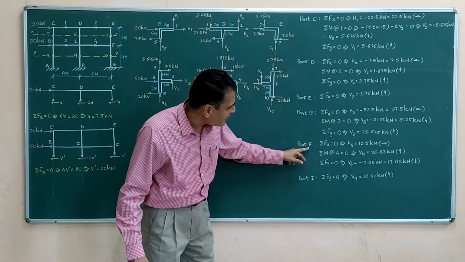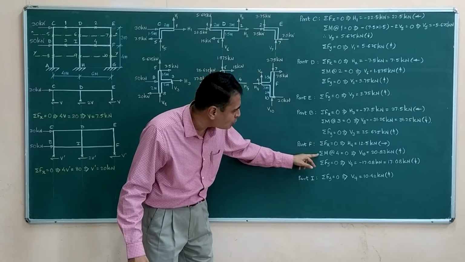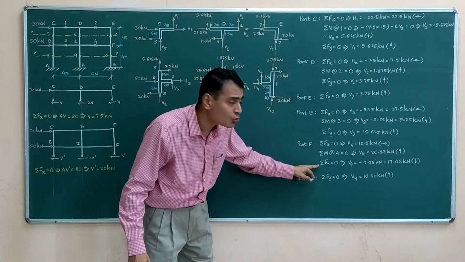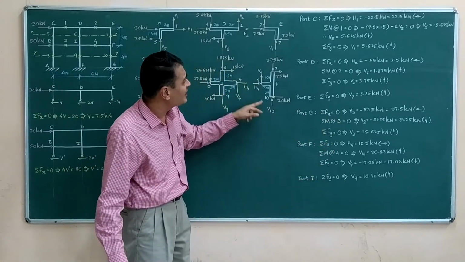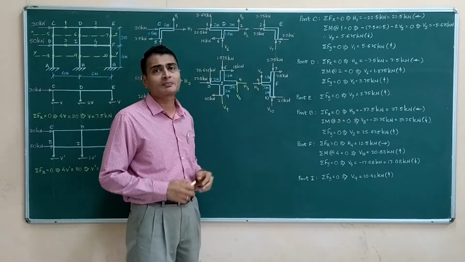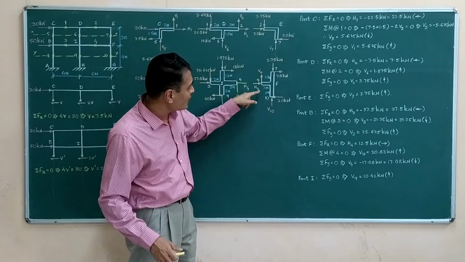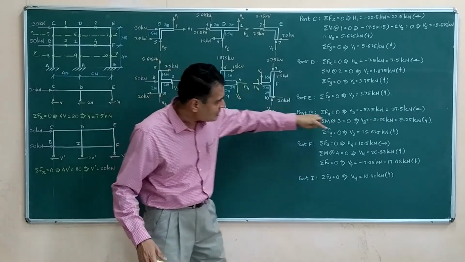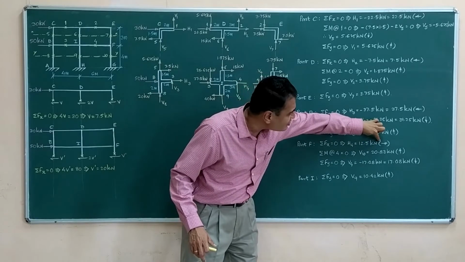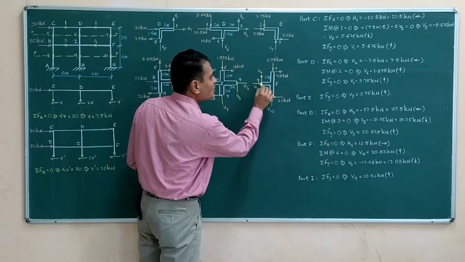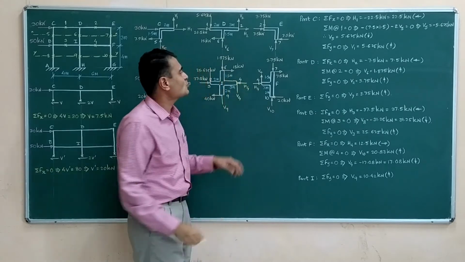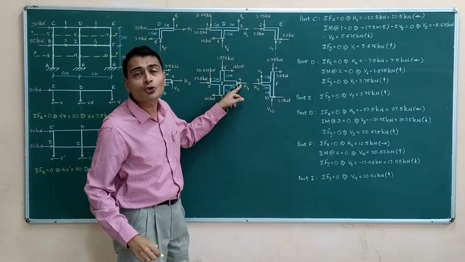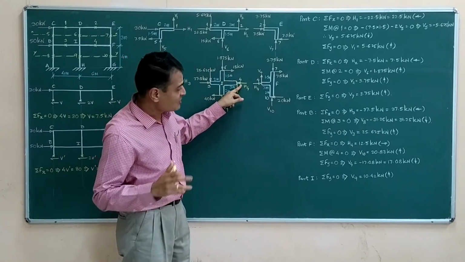So after B, you take part F: sigma Fx equal to 0, sigma M about 4 equal to 0, sigma Fy equal to 0, and I get my answers for V10, H4 and V4. Once you know that your H4 is 12.5 kilonewtons rightwards, this H4 has to be 12.5 kilonewtons leftwards.